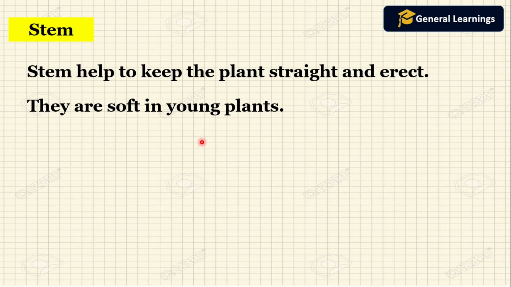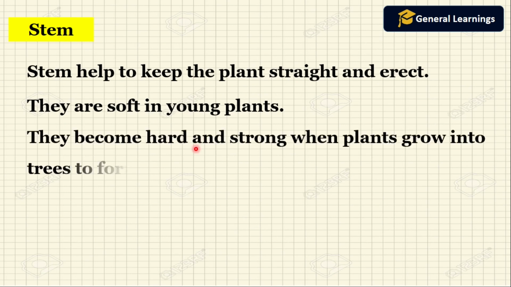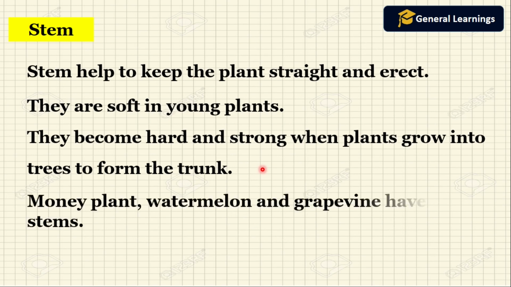As they grow, they become hard and strong, and when plants grow into trees, they form the trunk. Some stems are very weak, like money plant, watermelon and grapevine.